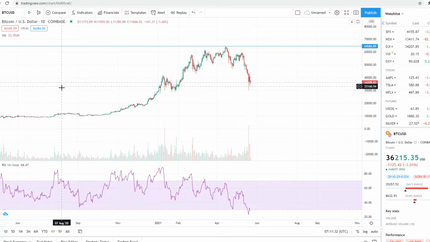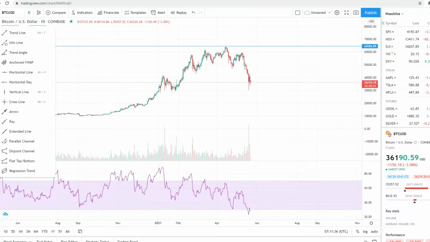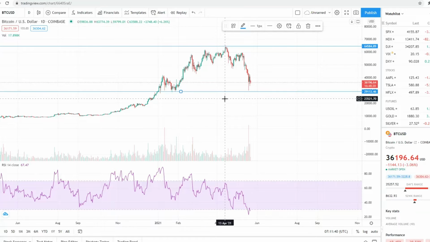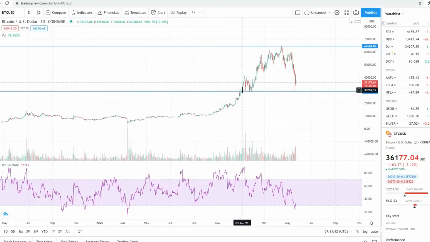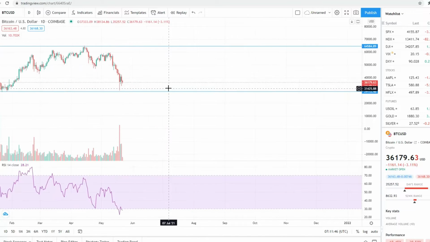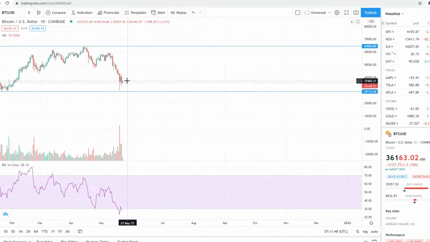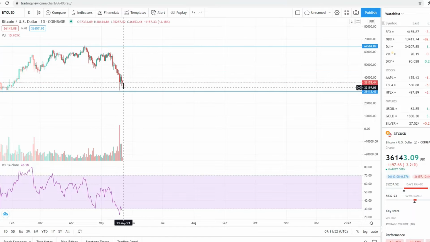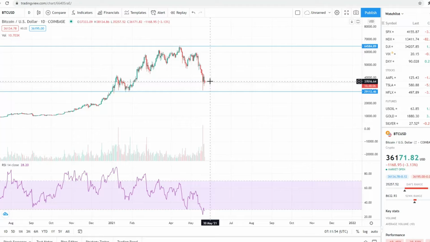We do have where price more or less tested a support line. So this is a horizontal line going here. Price tested this support line, and it really just held there. Now the market is more or less still making lower highs, and hopefully should maybe trade steadily in this range.